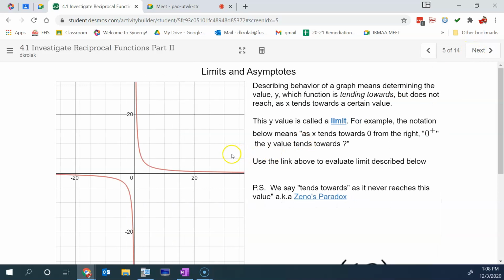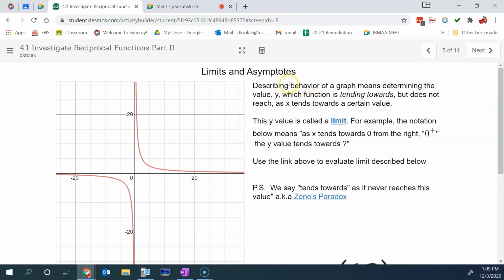All right, so what we want to do is describe the behavior of a graph. Now, when I say the word behavior, we're not deciding, is this a good graph or a bad graph. It has nothing to do with emotions. Behavior has to do with the y coordinate.